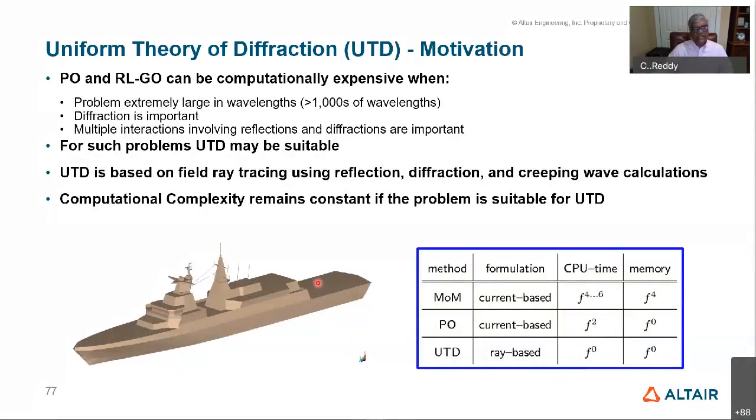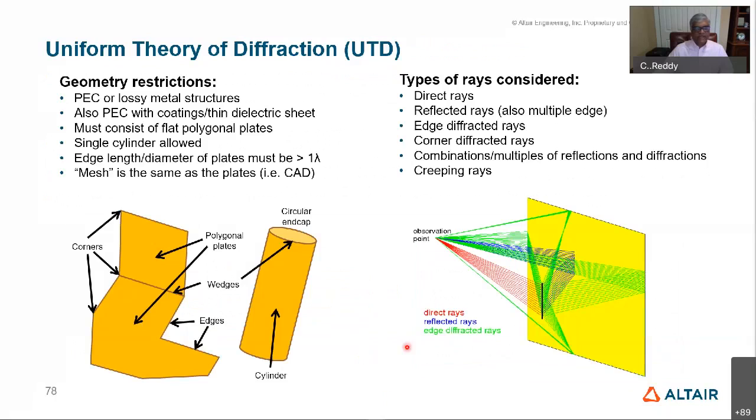One advantage with this method is that once you have set up your problem, the computational cost does not increase with the frequency. So you solve at 10 gigahertz, you could solve the same problem at 100 gigahertz with the same memory and time. That is because the solutions are almost like closed form expressions for these diffraction coefficients, where the frequency term is already included in it.